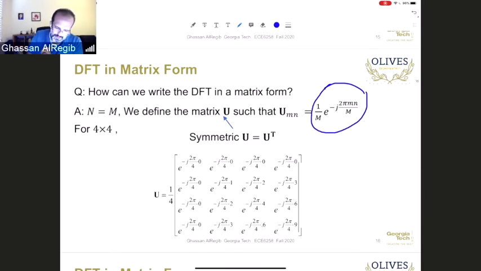So forget about this one here because it depends on the definition, but this is what really matters. This one here, e to the negative j2 pi mn over M.